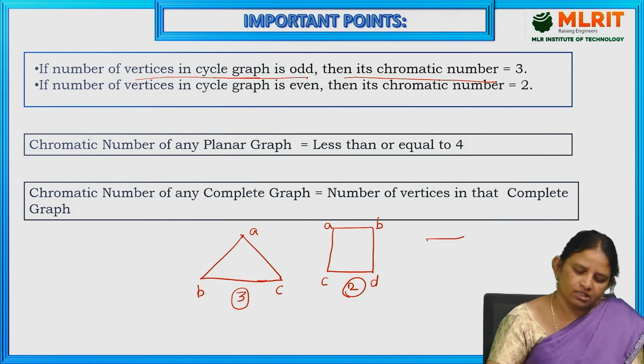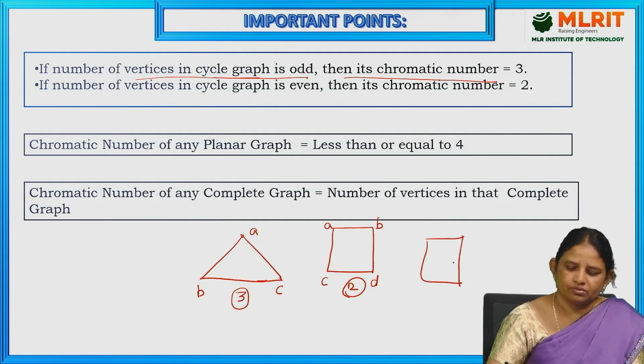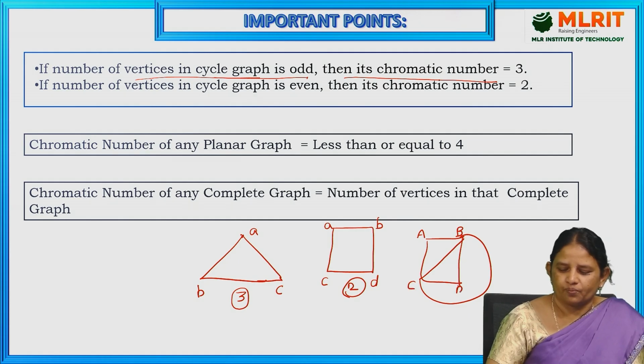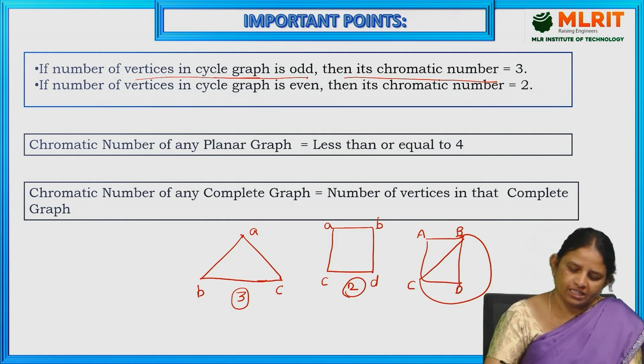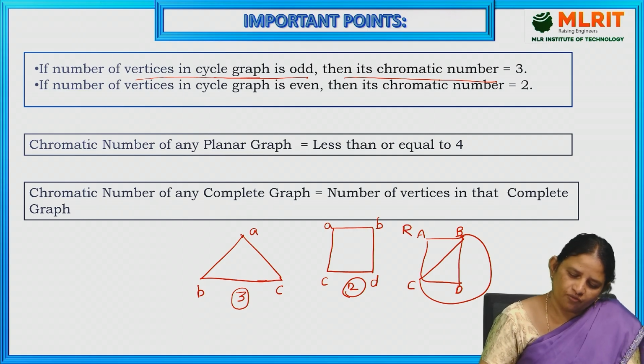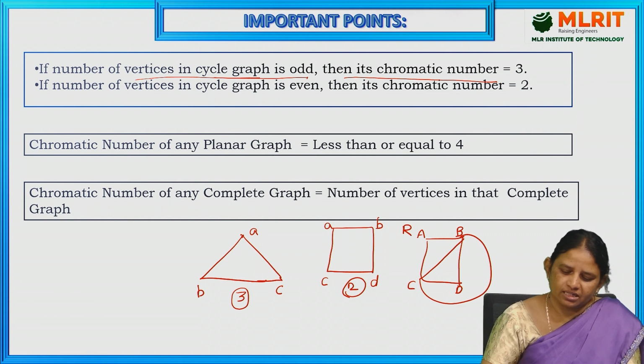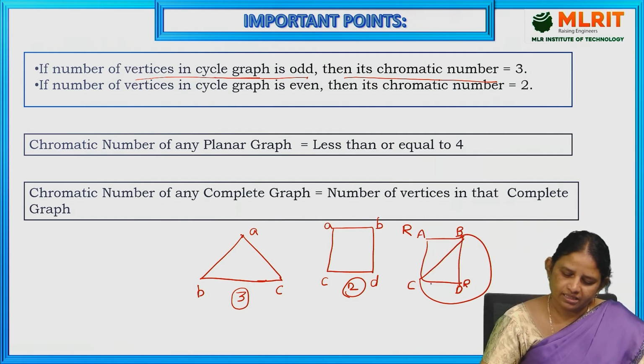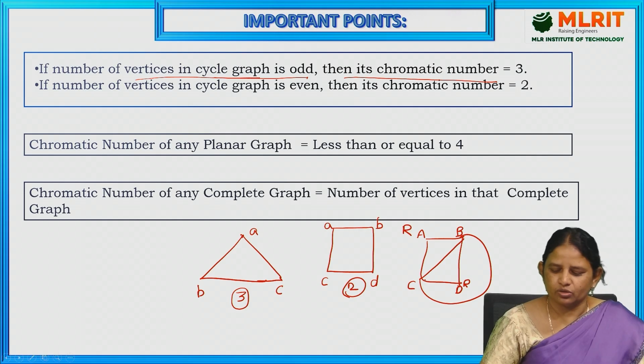Suppose you consider a planar graph. So A, what is the chromatic number? It is a planar graph. We can use red color. What are the adjacent vertices of A? A adjacent is B and C. D is not adjacent, so we can use red for D. Next, C. C is adjacent to A, so we cannot use the same color.